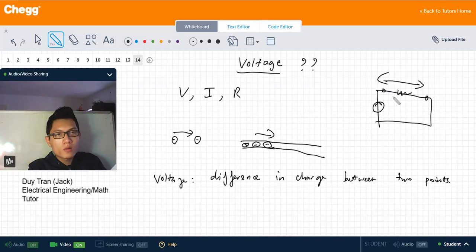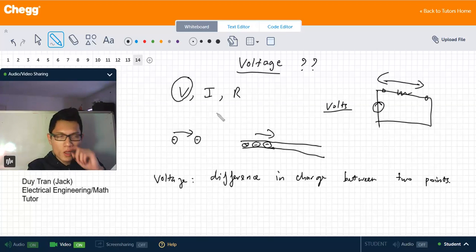The unit that we use to measure the voltage is the volt. You can write it as volt, or we can represent it with the symbol V. It's the potential difference between two points that will impart 1 joule of energy per coulomb of charge that passes through it.